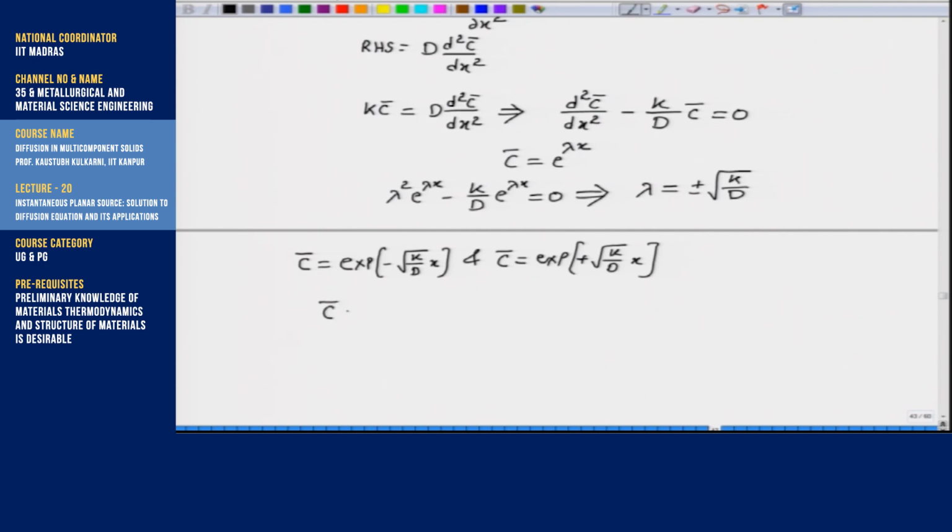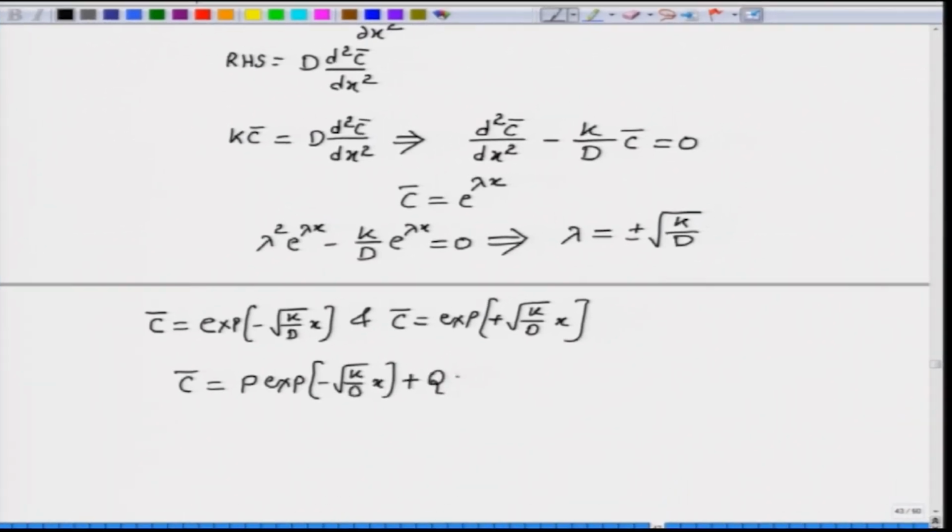So, we can write the solution as c bar equal to p, some constant p, times exponential minus root k by D x plus q exponential plus root k by D x. Now, we need to find out the values of these constants p and q.